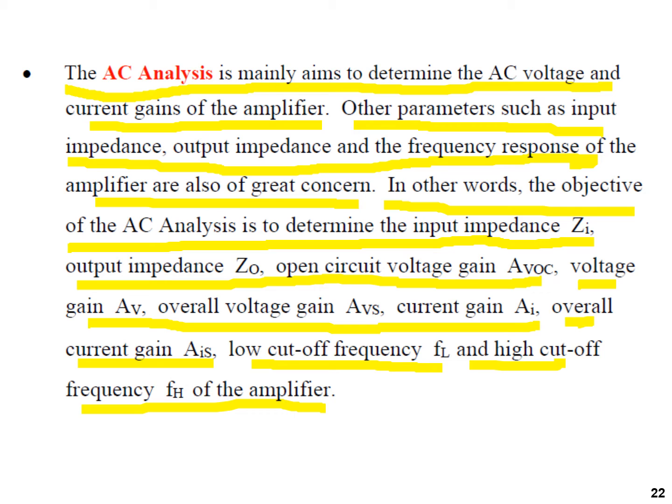In our topic, we only focus on input impedance Zi, output impedance Zo, open circuit voltage gain AVOC, voltage gain AV, and overall voltage gain AVS.